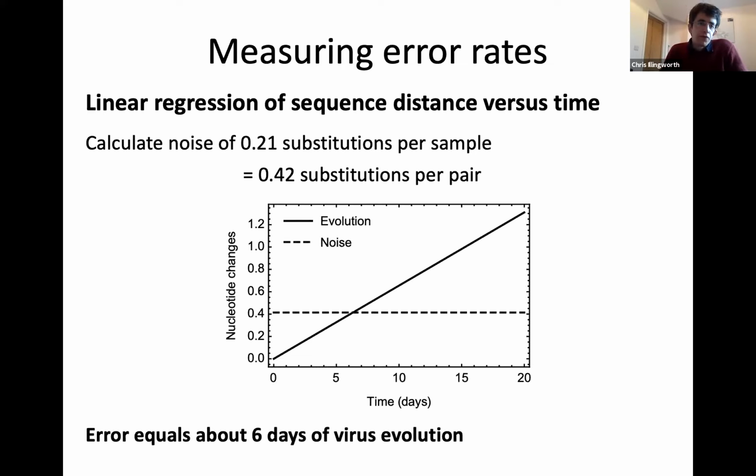But if you think about a very short period of time, 0.2 errors, or 0.4 between two sequences, it's about how much error you would see in 6 days of virus evolution. So what that suggests is that if you're making a global scale phylogeny, this is going to have almost no effect whatsoever. But if you're looking at very short periods of time, this might potentially do something.